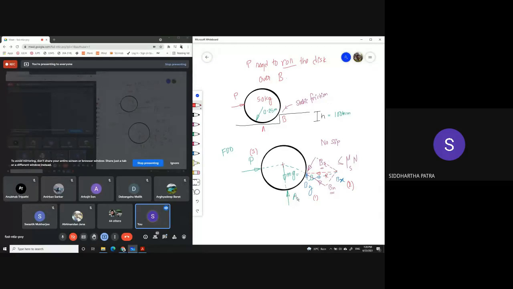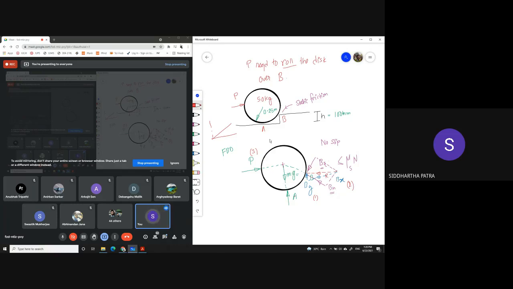Okay, so the point being that let's say you are gradually increasing P from 0. I know most of you understand this, but maybe some of you don't. As you are gradually increasing P, you can see it is providing some moment about B, but A is still supporting the roller, or the disc.